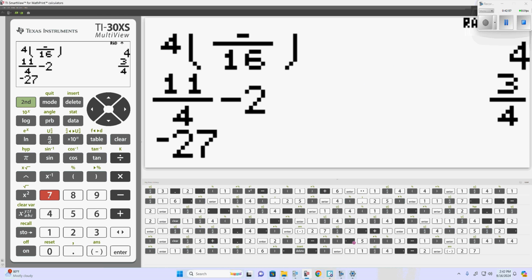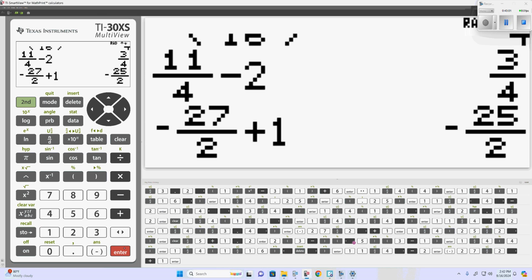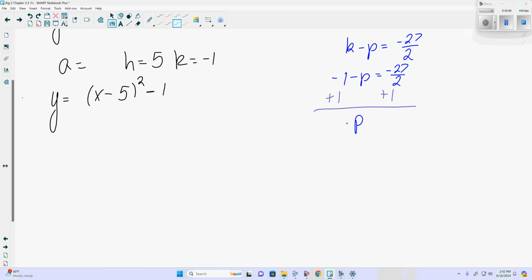Negative 27 over 2 plus 1 is negative 25 over 2. Don't really care too much about what negative P is. We want to know what positive P is.